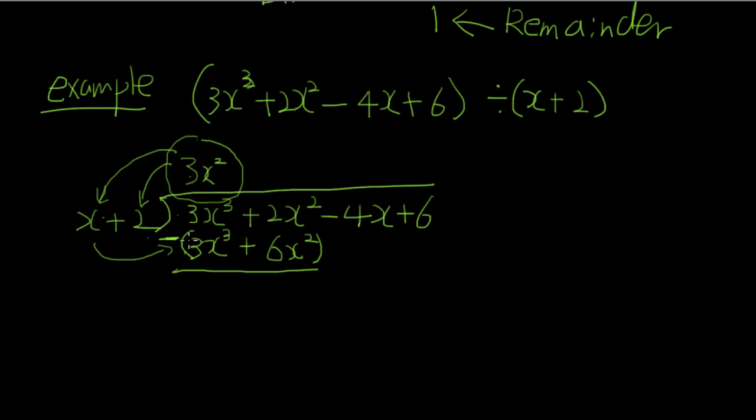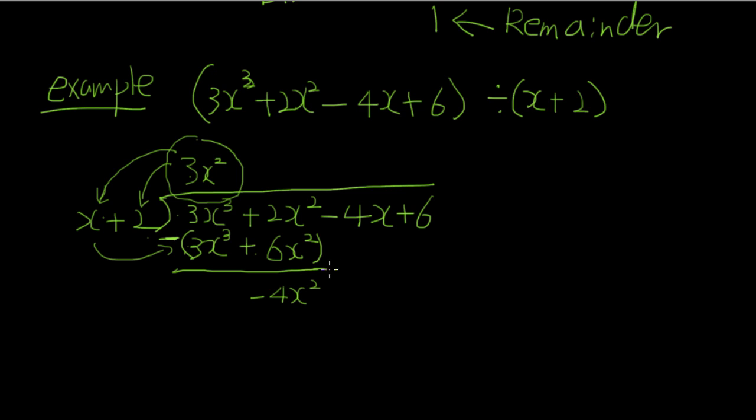If we get rid of the parentheses, it'll change that to minus, right? We checked it in our previous lecture, the polynomial subtraction. So 3x cubed minus 3x cubed becomes 0. That's what we wanted. 2x squared minus 6x squared must be negative 4x squared, right?